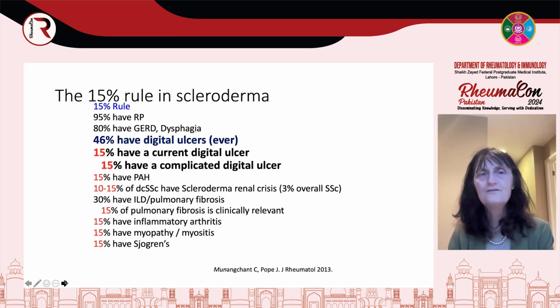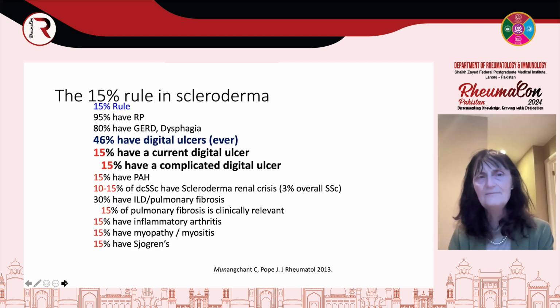So for our 15% rule, everybody with scleroderma almost has Raynaud's. 80% have GERD and or dysphagia. Half have digital ulcers ever, 58% in that other study. This is our systematic review where it was about half.